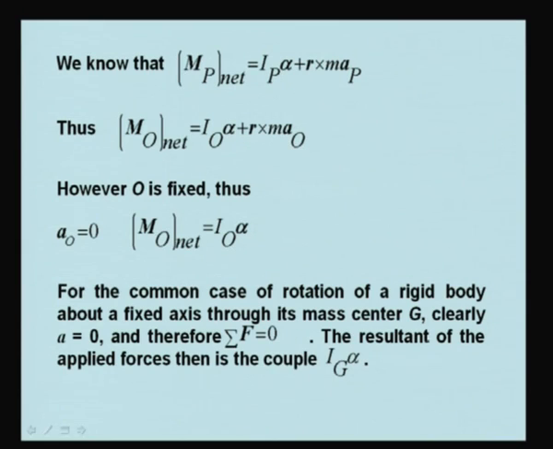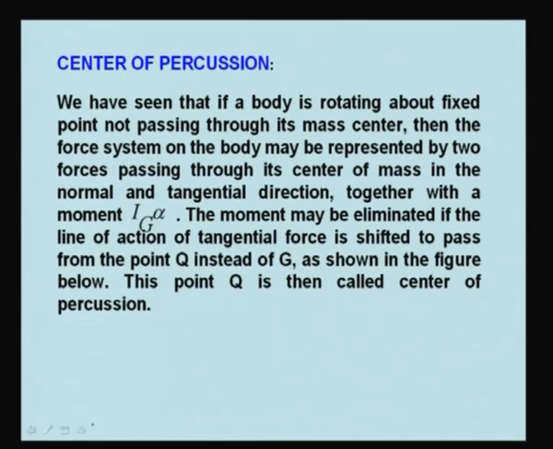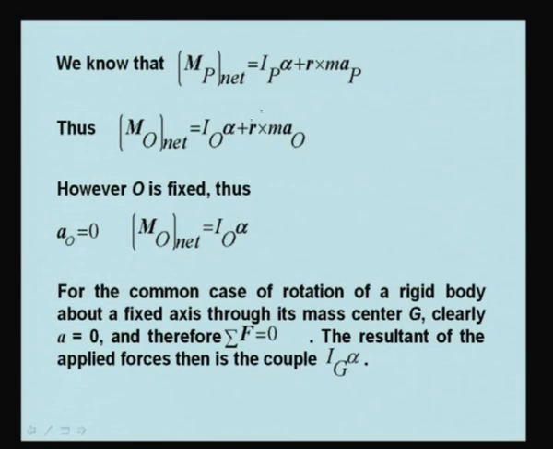Then the resultant of the applied forces is the couple I_G times alpha. In that case it will be simply I_G times alpha. So these equations can be used to study the rotation of a body.